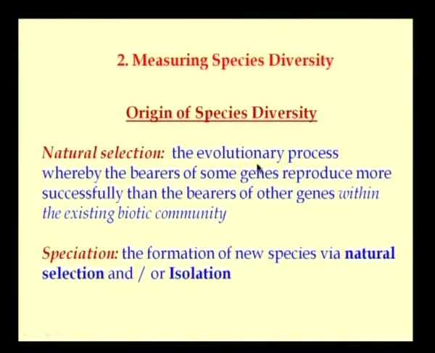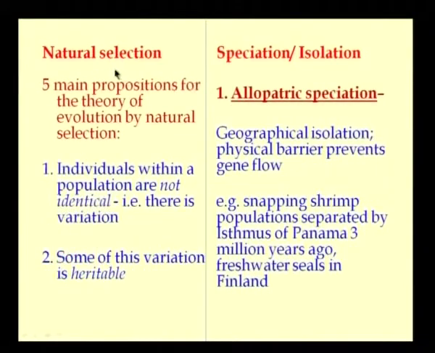Natural selection, the evolutionary process whereby the bearers of some genes reproduce more successfully than the bearers of other genes within the existing biotic community. Whereas speciation is the formation of new species via natural selection and or isolation. So, we will have a detailed look at what exactly it means. Natural selection versus speciation isolation.